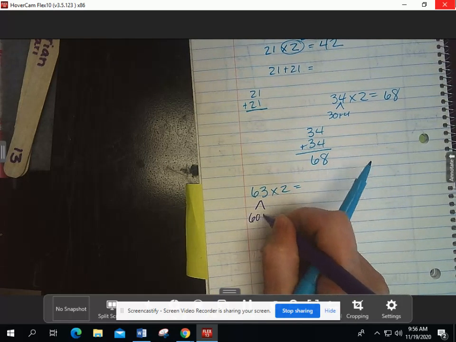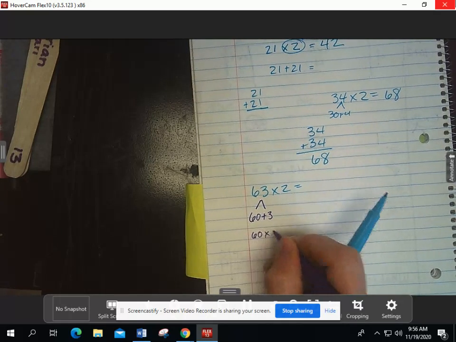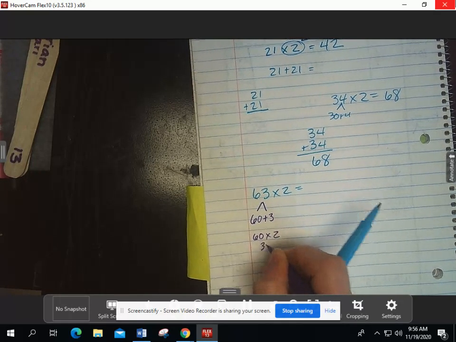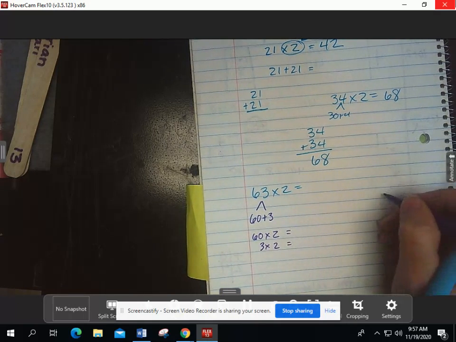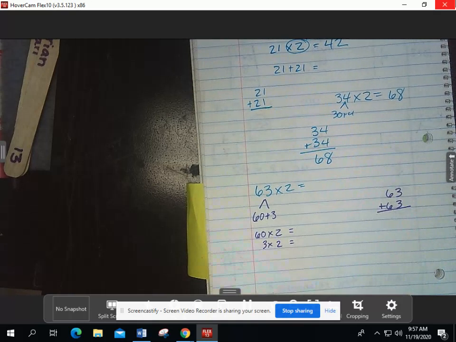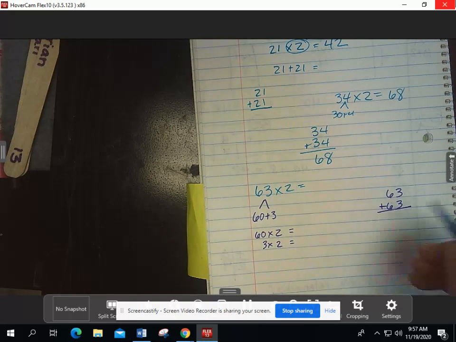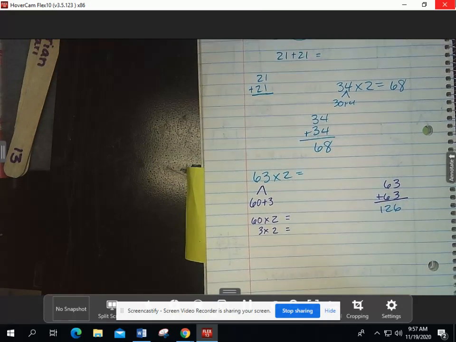Some of you might be thinking of it as 60 plus 3, so that you can do 60 times 2 and 3 times 2. Some of you might be thinking of it like this. And by now, I think I've talked long enough that most of you have the answer. So what is 63 plus 63? 126.